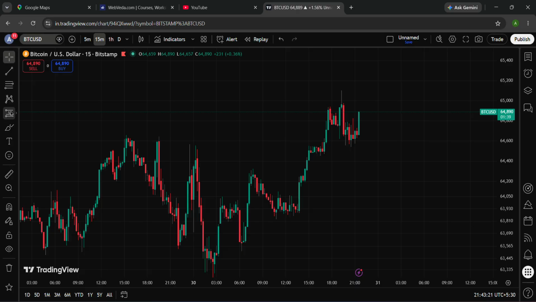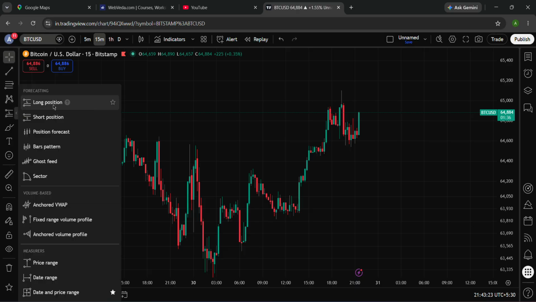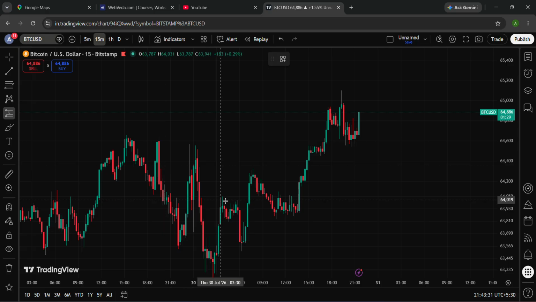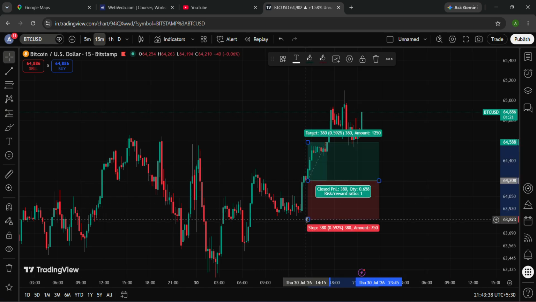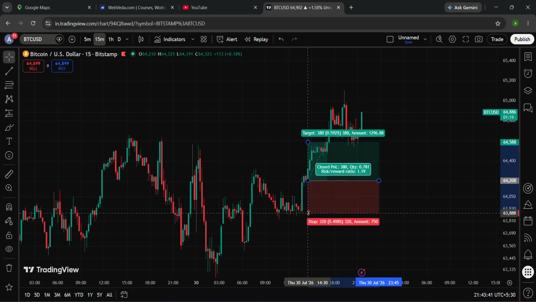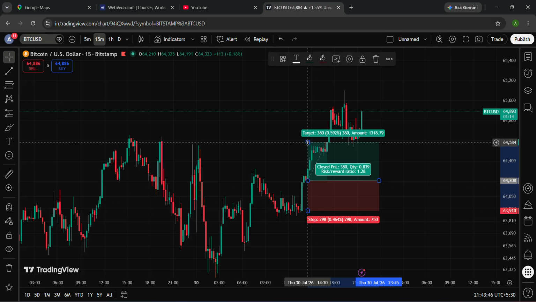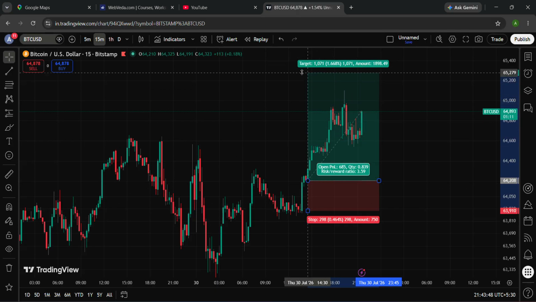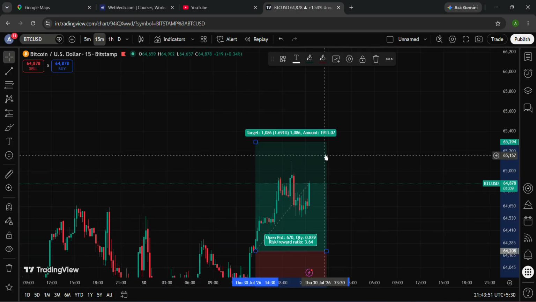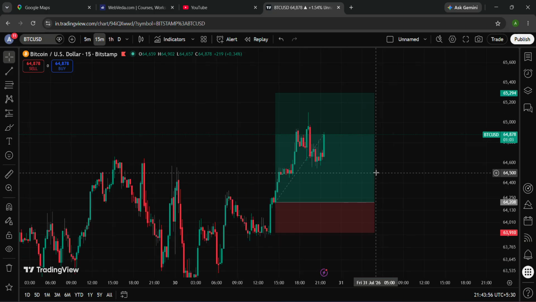In the positions, you simply click, and there is a tool called long position. You click it once, and let's say we got the trade from here. I think the market could go in the upward direction from here, and that was my risk point, and that was my reward point. Just take an example, okay? You can expand it up.